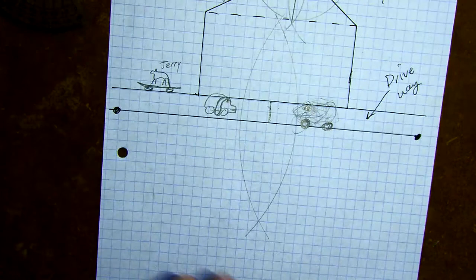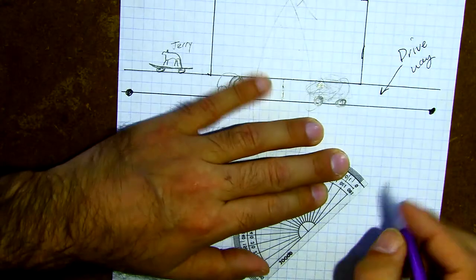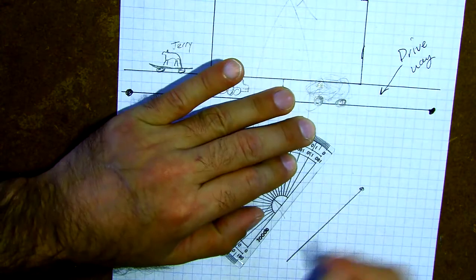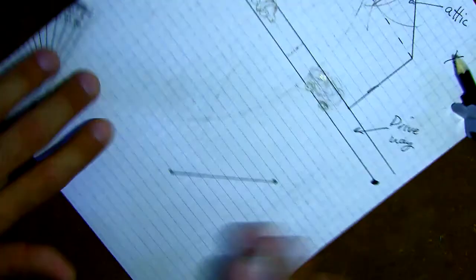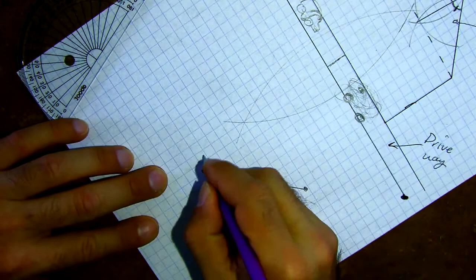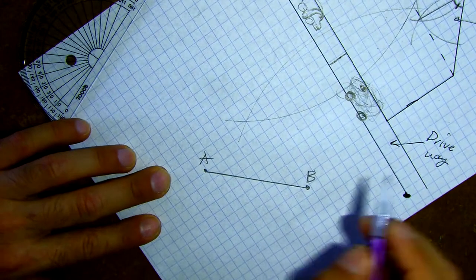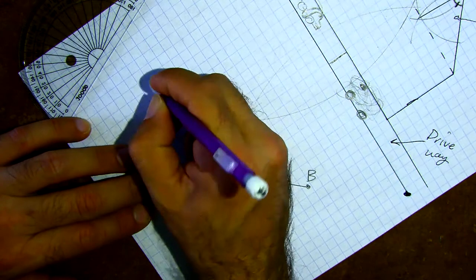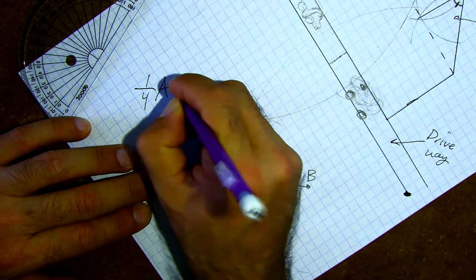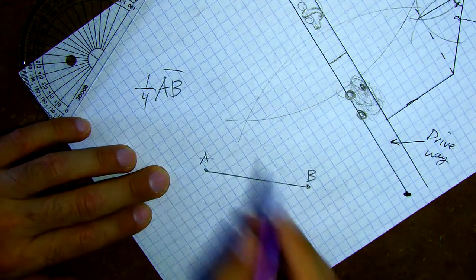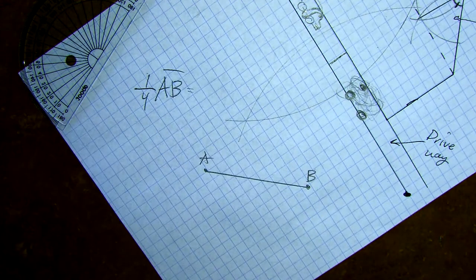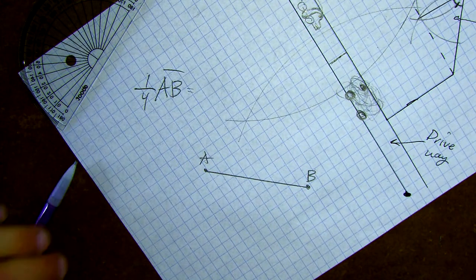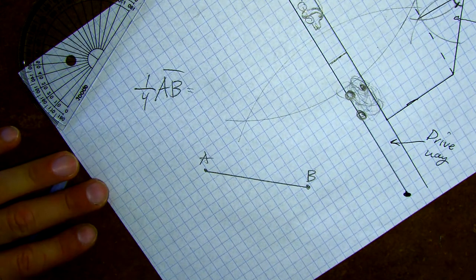Everybody just go ahead and make one quick line segment. Let's call this AB. And I want you to find the segment here that is 1/4 AB. Now, we've just been doing bisection, so we've been doing 1/2 AB.